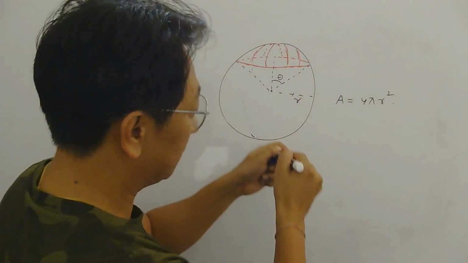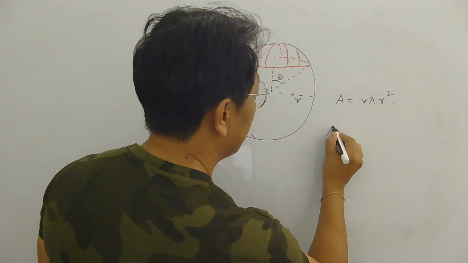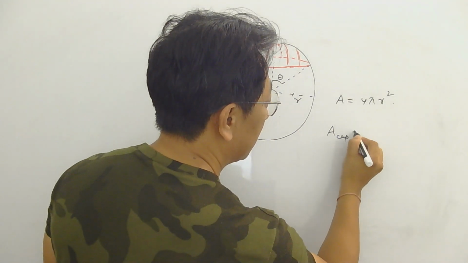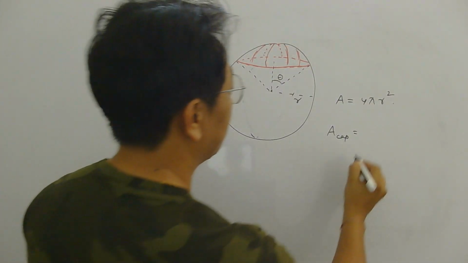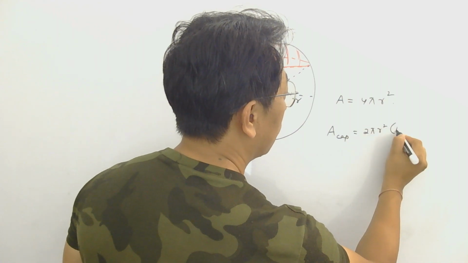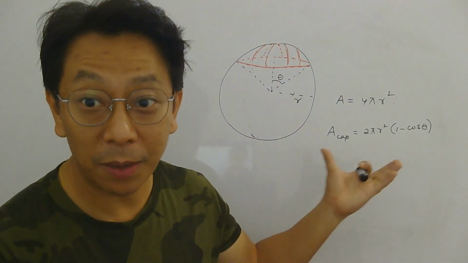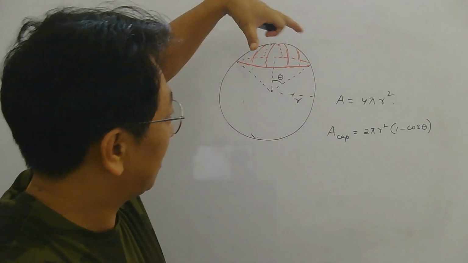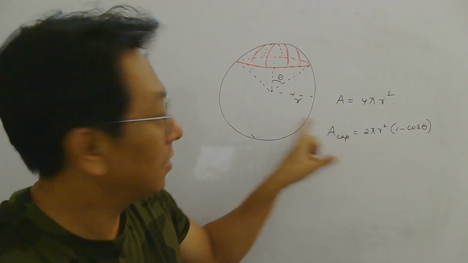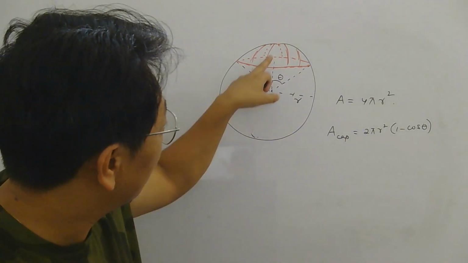Then the area of this cap is given by 2 pi r square into 1 minus cos theta. Now you need to memorize this. What is the area of this cap? 2 pi r square, r is the radius of the sphere, and theta is this angle.